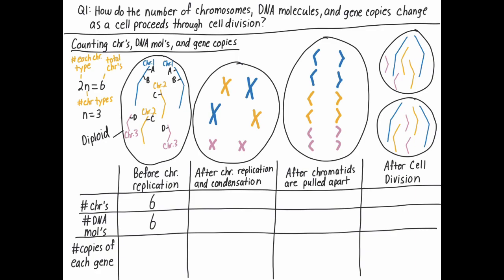Again, these genes and the chromosomes they are on have not yet been replicated, so we see 2 copies of the A gene, 2 copies of the B gene, and 2 copies of the C and D genes. So at this point, there are 2 copies of each gene.